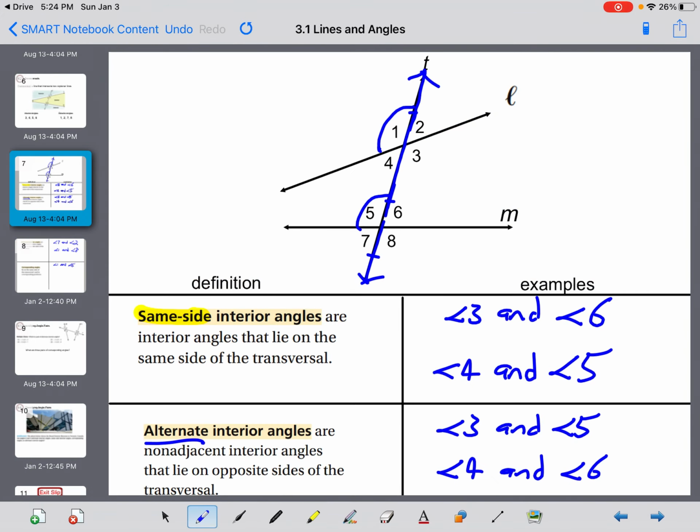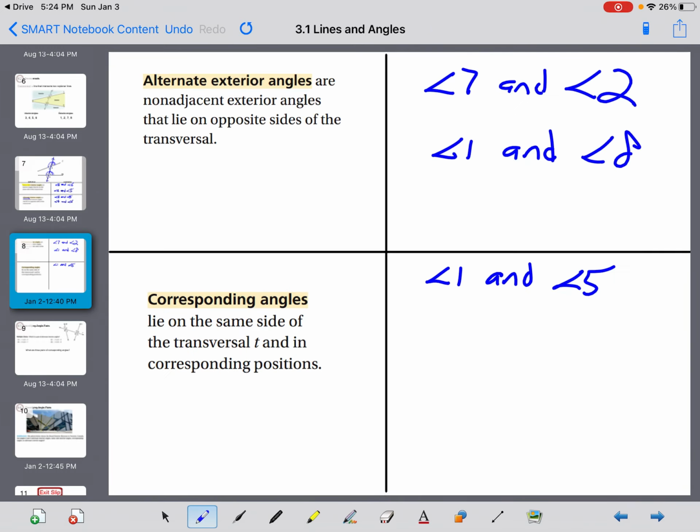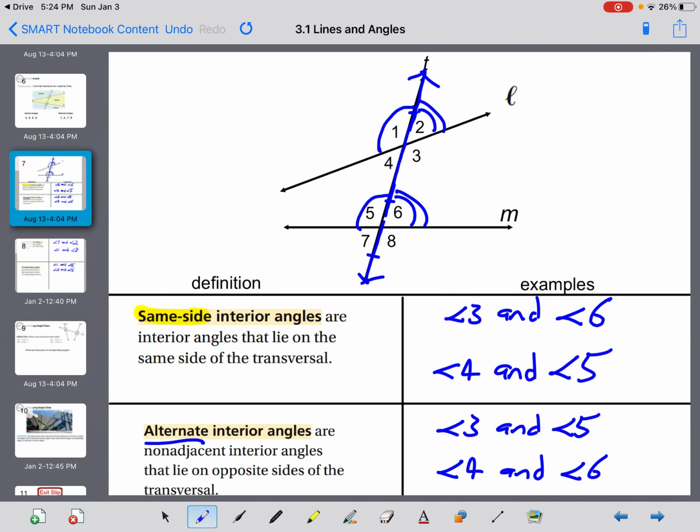If I looked at angle 2, that's in the same spot as angle 6. If I looked at angle 4, that's in the same spot as angle 7, and angle 3 is in the same spot as angle 8.